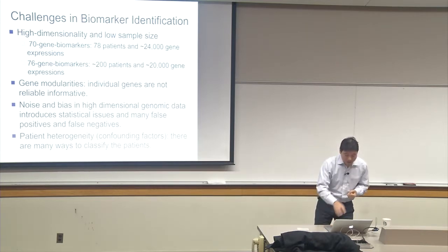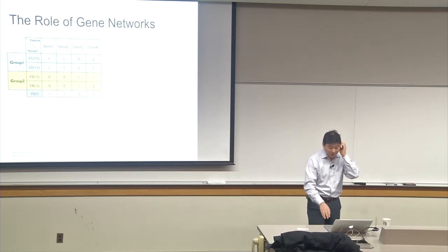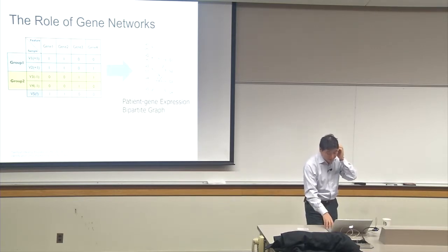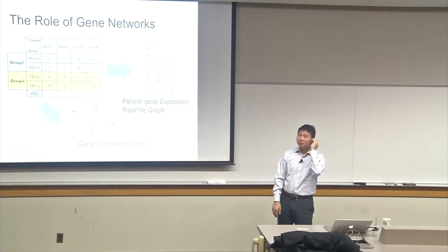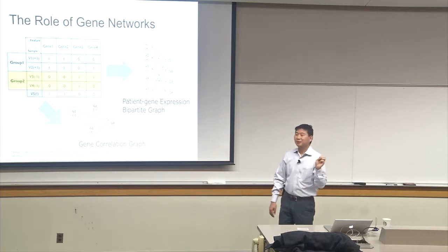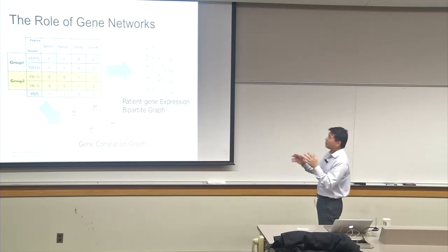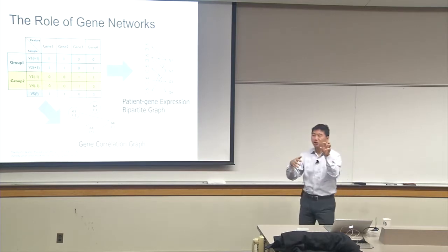I'll get into this point now. This is our first project, and we did something really simple. We applied a category of graph-based semi-supervised machine learning algorithms. The idea is that when you are looking for biomarkers based on some patient cohort, you are not just looking at one gene at a time.